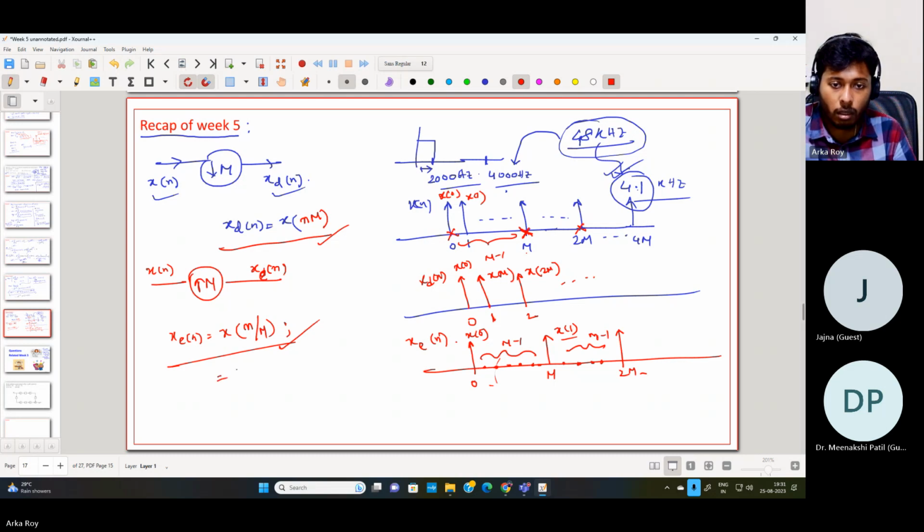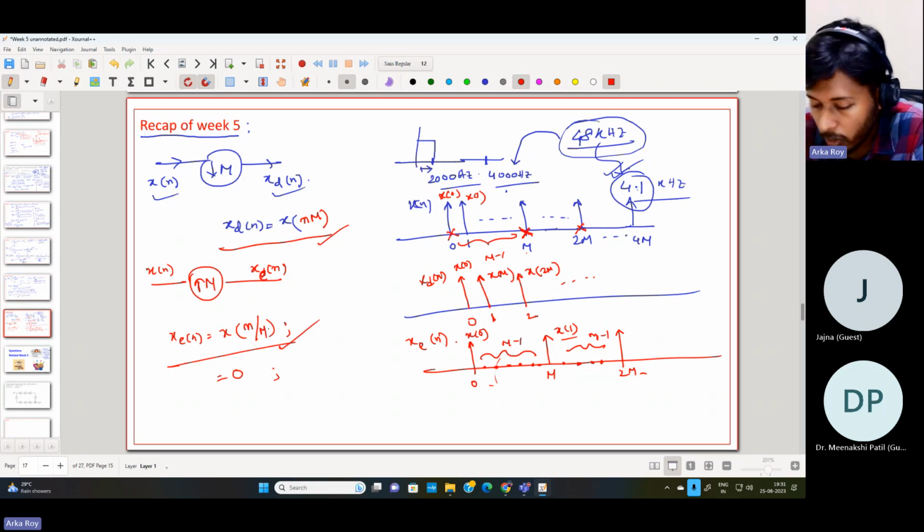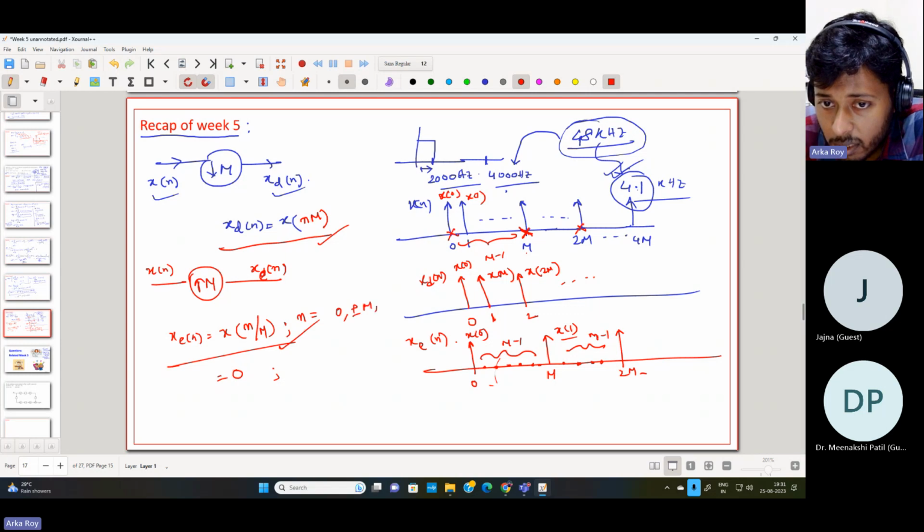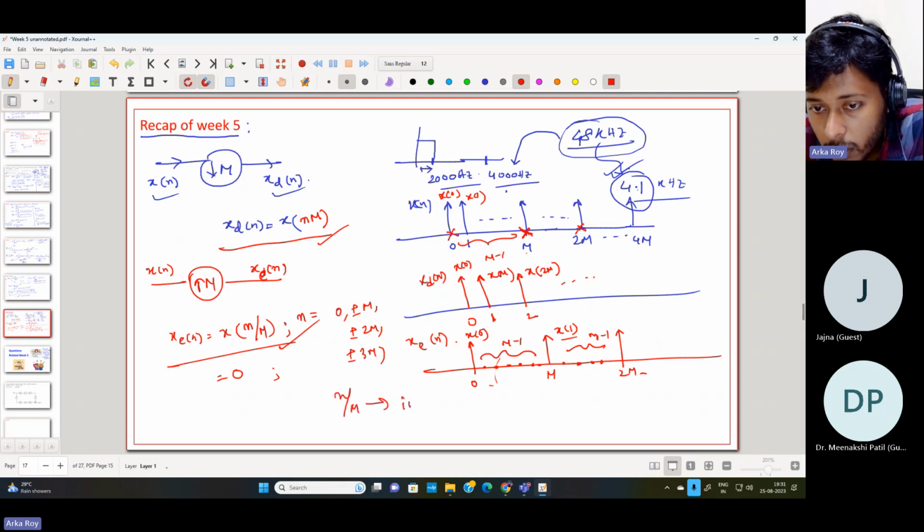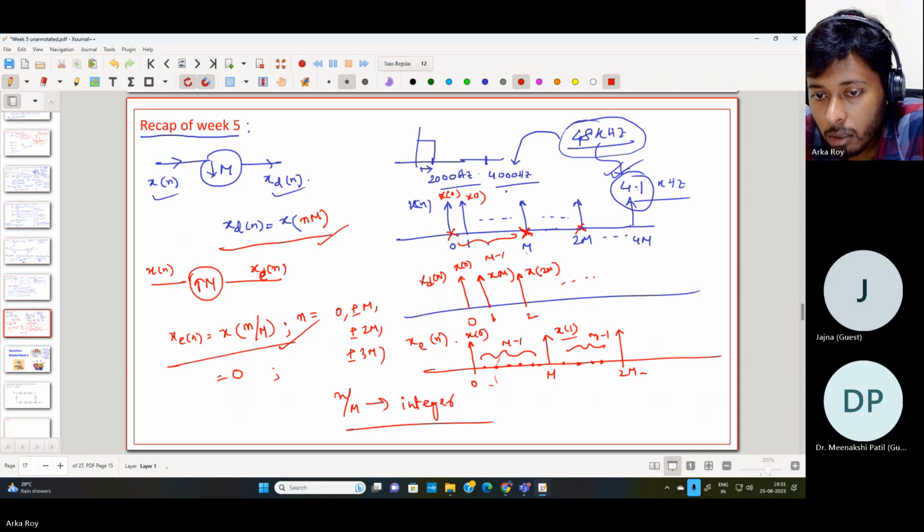So in some places I will get 0, in some places I will get x of n upon m. That means the value will exist at those particular locations. So what are these locations? n is equal to 0, plus minus m, plus minus 2m, plus minus 3m. That means n upon m should be an integer. It doesn't matter whether it is on the positive side or negative side, it should be an integer. Therefore, I have written 0, plus minus m, plus minus 2m, plus minus 3m, like this.